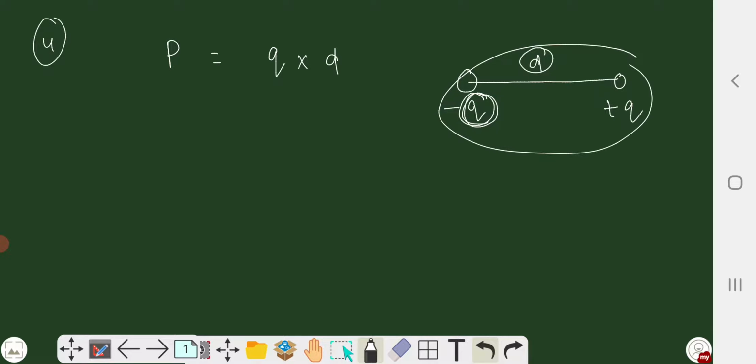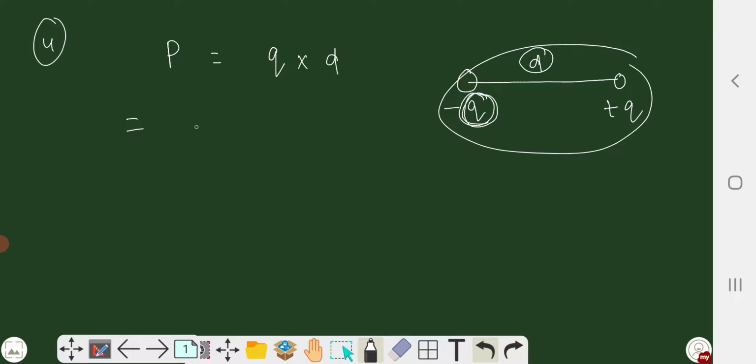When two charges of negative and positive sign of equal magnitude are brought close to each other at a very small distance, they form a dipole. So basically dipole moment is P equals QD.